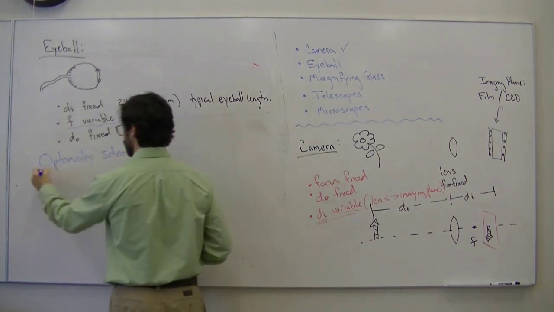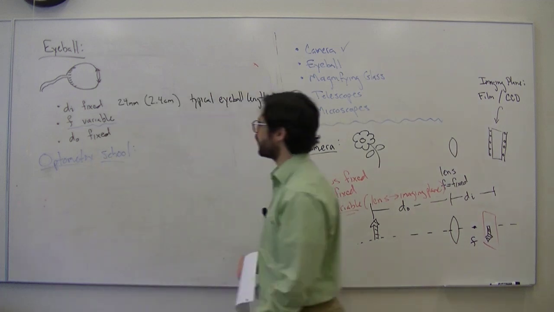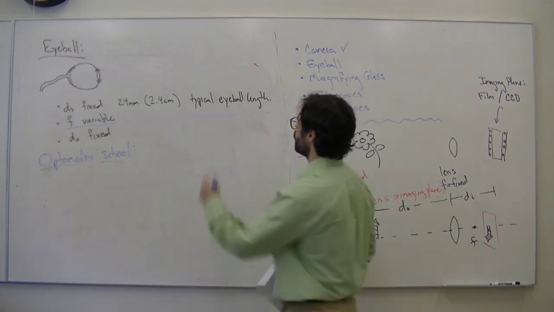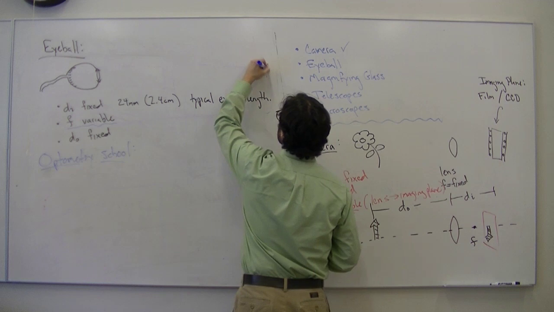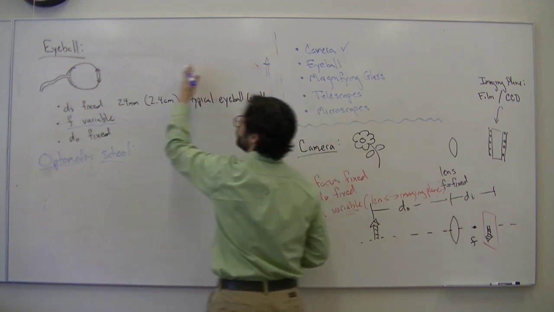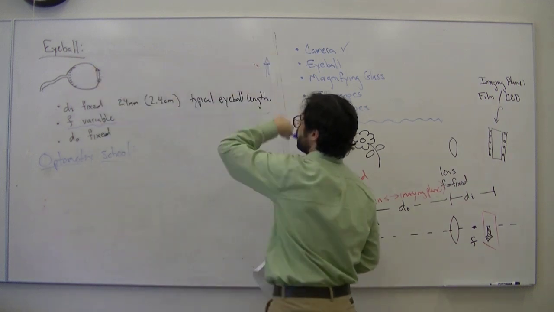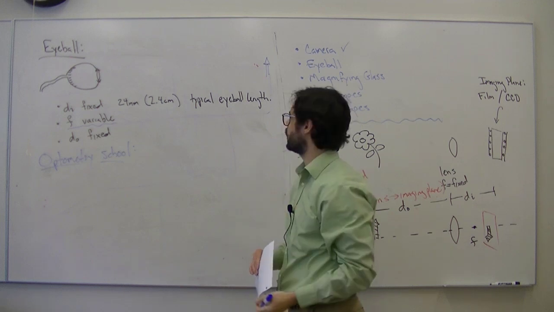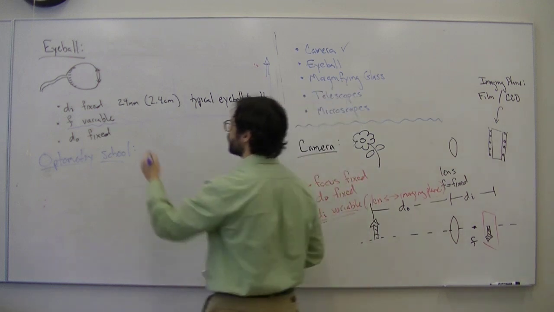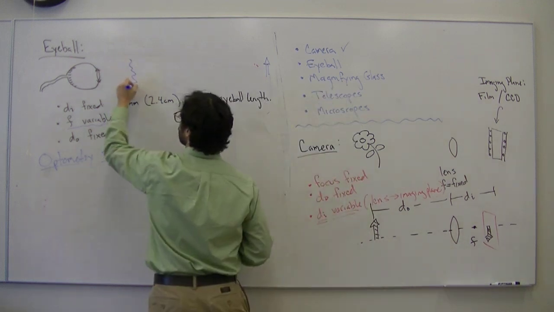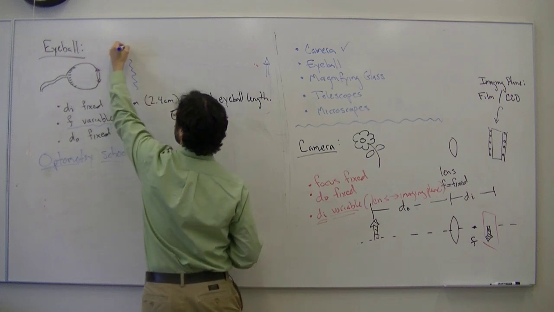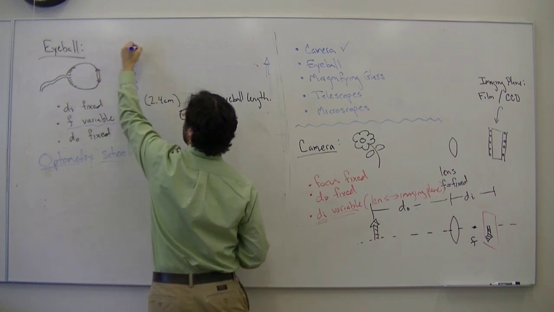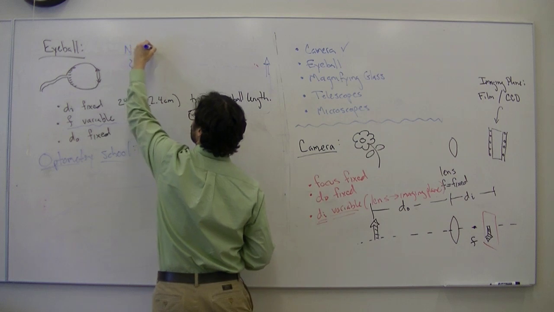So the idea is that we're just going to characterize how good our eyes are by taking an object and just moving it back and forth until we're no longer able to keep track of it and it's no longer in focus. So here, where this thing goes out of focus, this is what we'll denote N and call the near point.